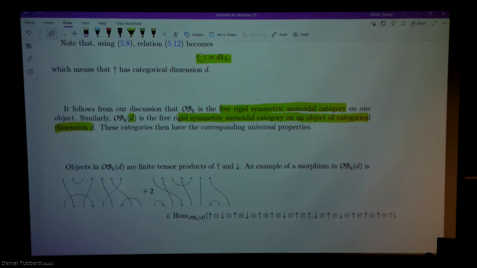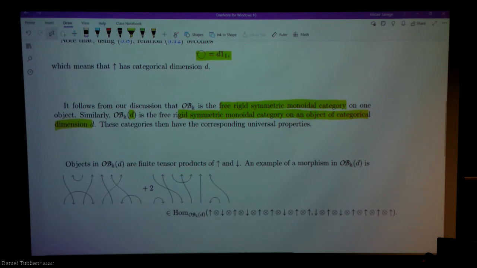And if you haven't seen these before, let me draw an example of what these morphisms can look like. So the objects are just finite tensor products of up and down arrows. And then a morphism is a linear combination of what are called oriented Brauer diagrams.